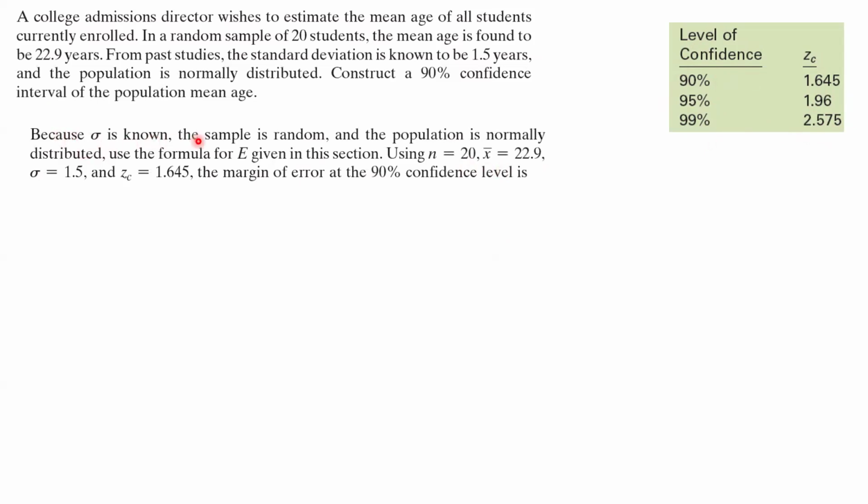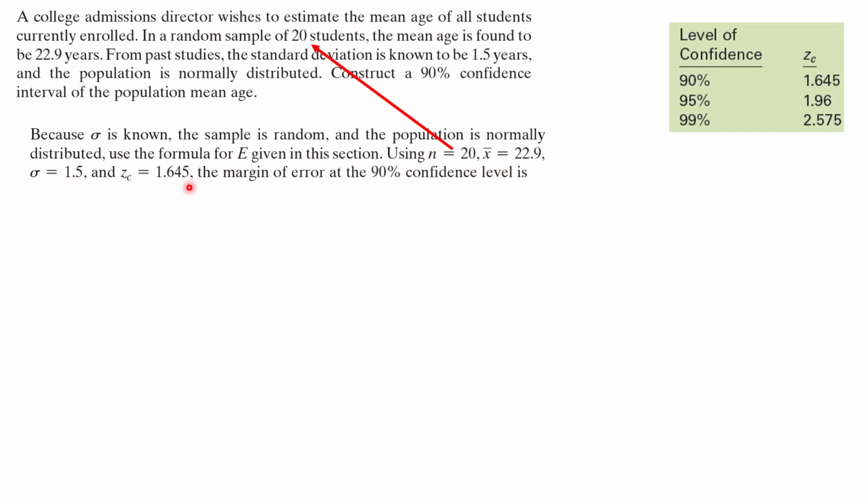Since sigma is given to us, the sample is random, and the population is normally distributed, we're going to use the formula for the margin of error E. We're using n to be 20, the average, which is 22.9, sigma is 1.5, and the critical value for 90% level of confidence, which is 1.645.